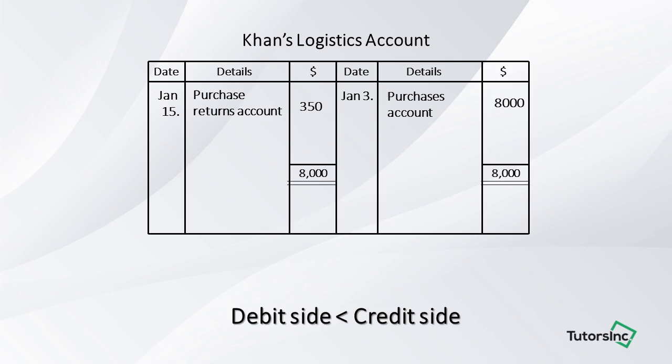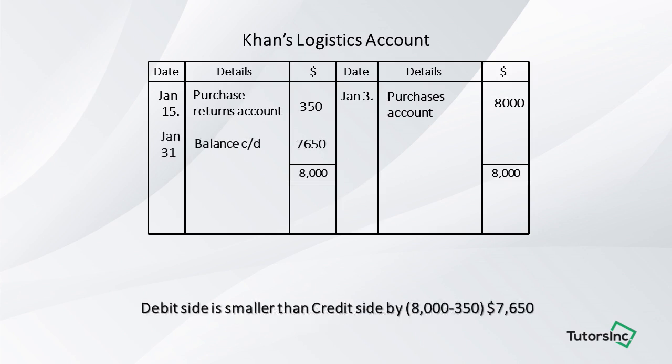On the screen, we can see that we have $350 on the debit side and $8,000 on the credit side. So, since the credit side has a larger total, we would choose $8,000 to be the total of both sides and close it with two underlines.